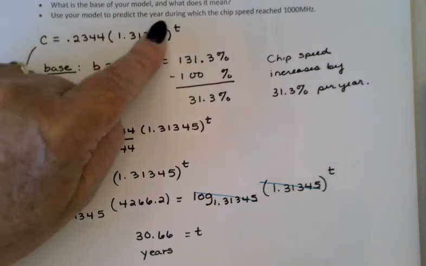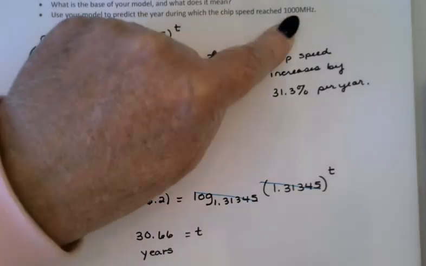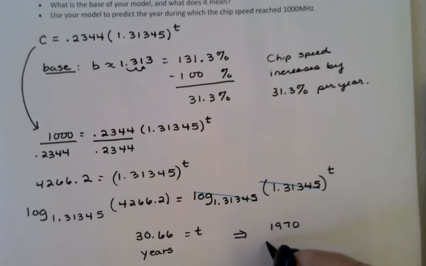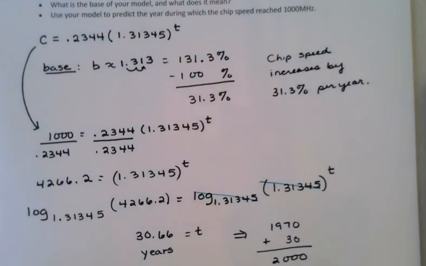They did want us to predict the year during which the chip speed reached this. So if we keep in mind that this is a starting year of 1970, if I add 30 years to that, I would be in the year 2000.